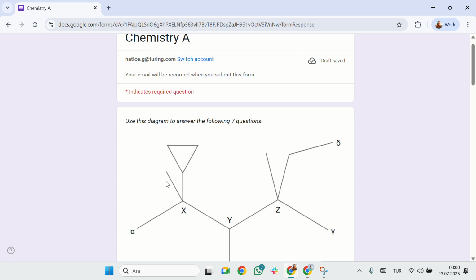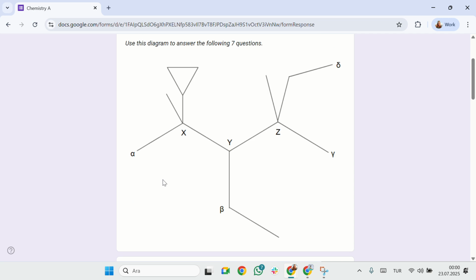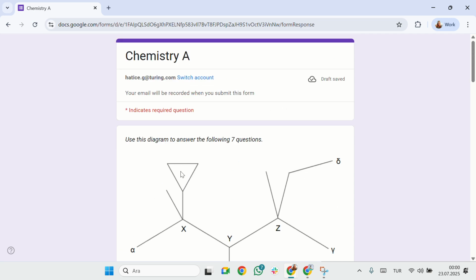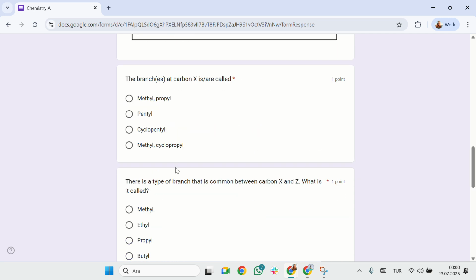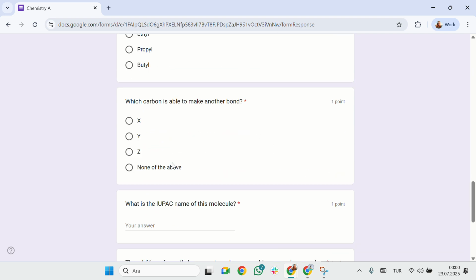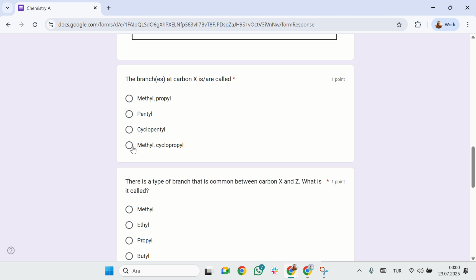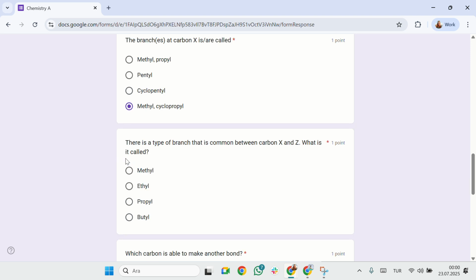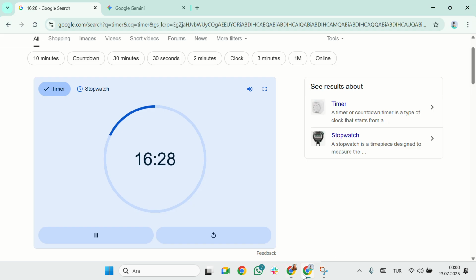Let's see. And this is a type of cyclic thing, so I'm gonna go with methyl and cyclopropyl. Let's say this. Oh, how much time do I have left?